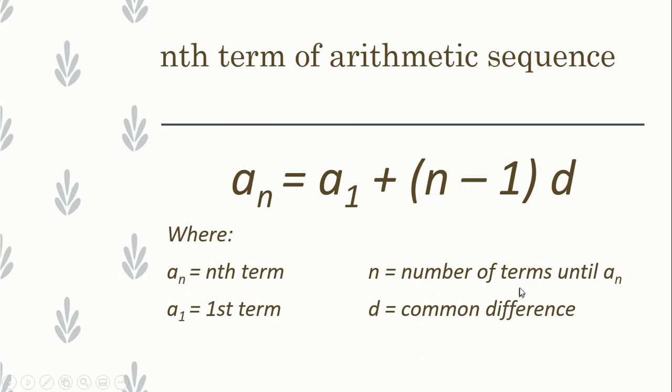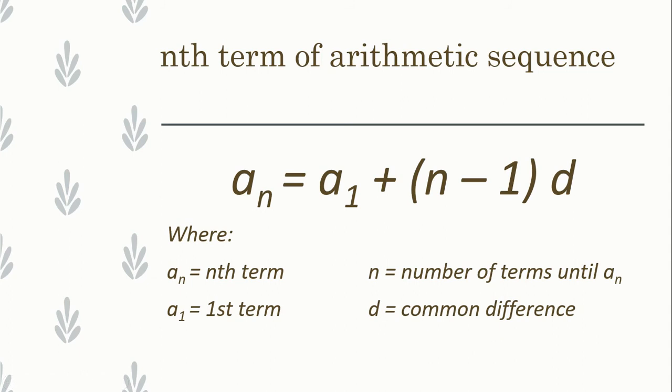That means any term of an arithmetic sequence, or the nth term, can be generated by the equation a sub n is equal to a sub 1 plus the quantity of n minus 1 multiplied by the difference, where a sub n is the nth term, a sub 1 is the first term, n is the number of terms until a sub n, and d is the value of the common difference.